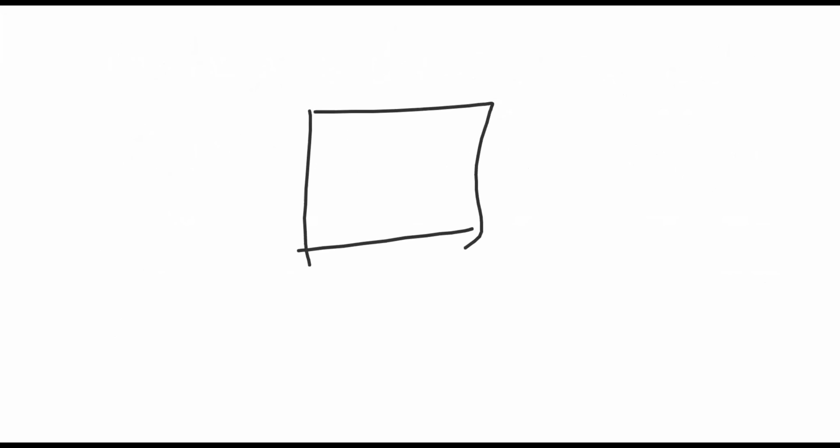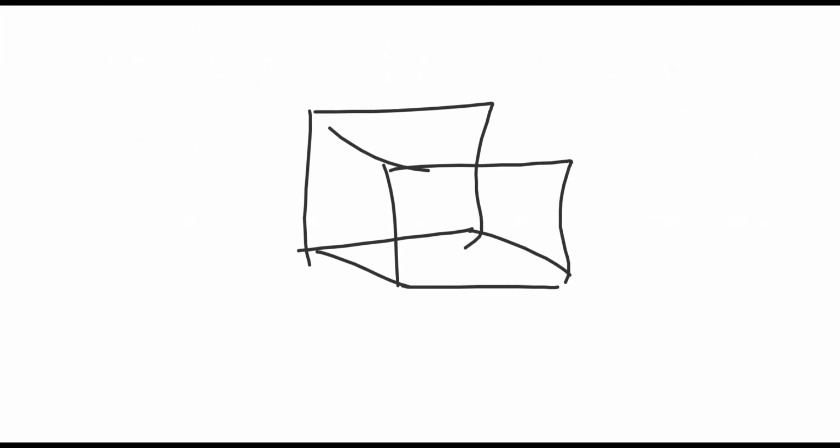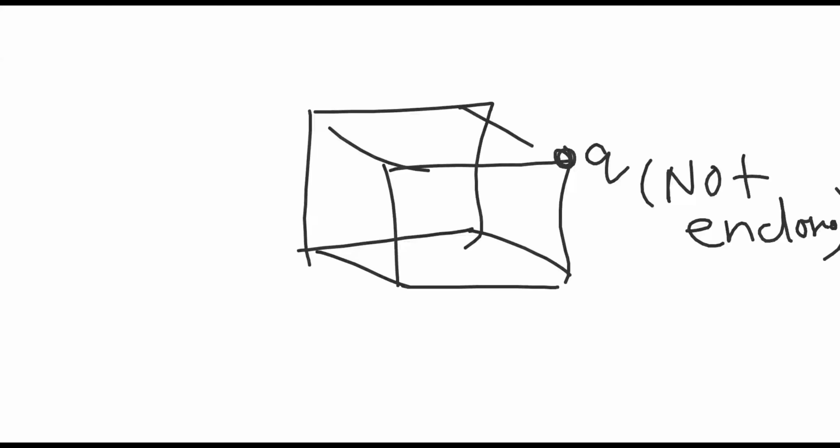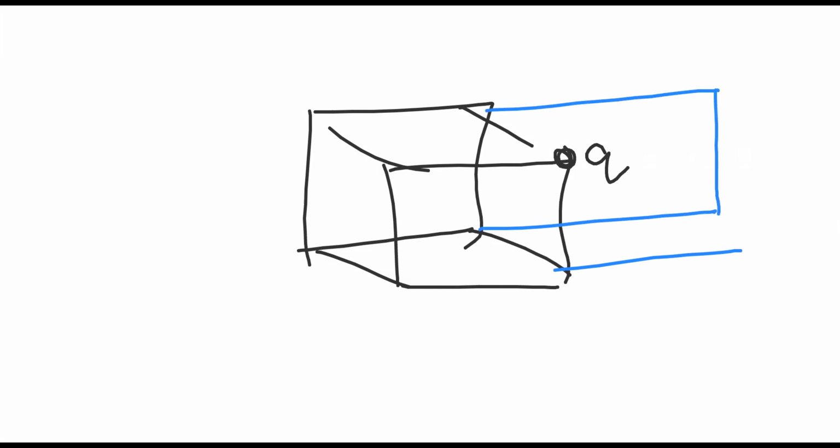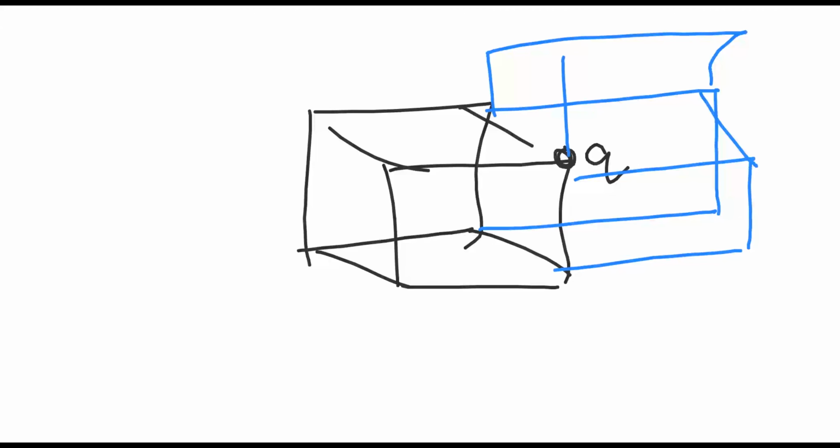Now here one cube is there. If the charge is at the corner, it is not enclosed. So to enclose the charge, you need similar 8 cubes.